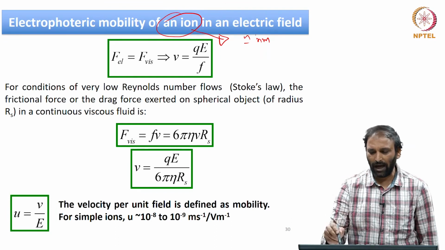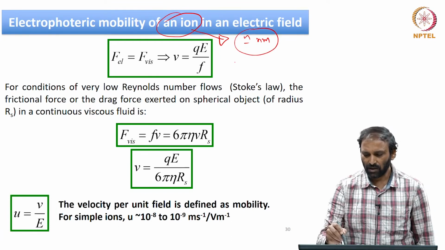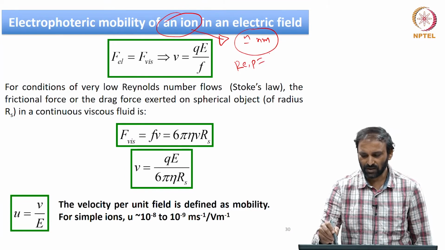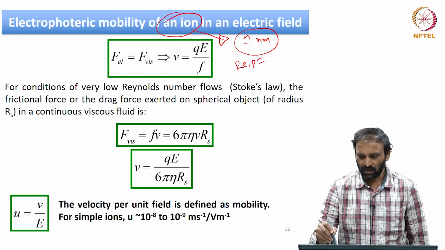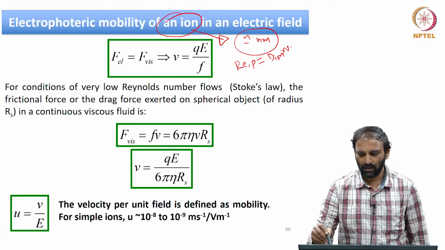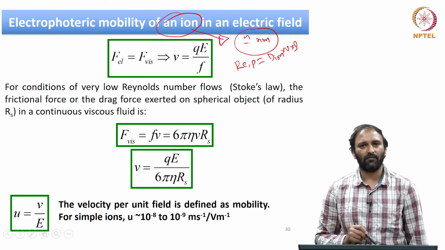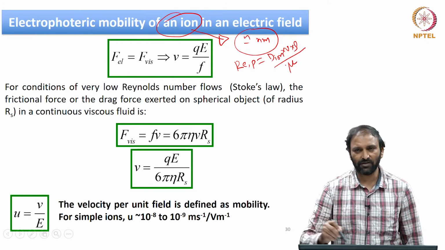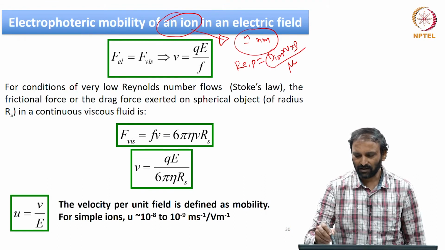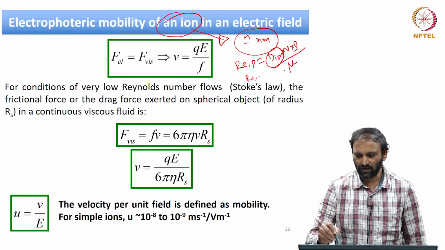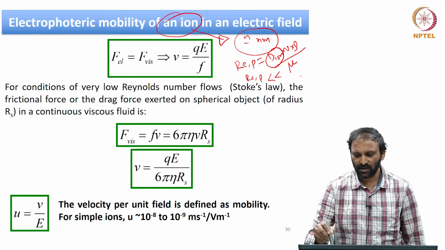Whenever you have such small species, if you calculate the particle Reynolds number, which goes as the diameter of the ion that we are considering times the velocity with which they are moving times the fluid density divided by the viscosity of the fluid, because the dimension of the species is very small, this Reynolds number will be much less than 1.